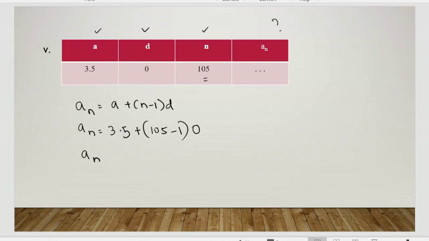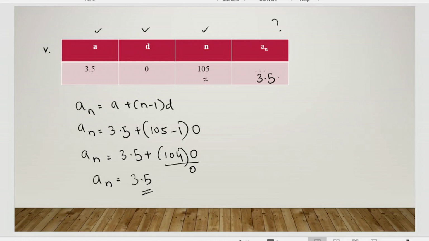So An is 3.5 plus 104 into 0. Any number multiplied with 0 becomes 0, so 3.5 plus 0 is 3.5. This is the nth term of the AP, which is 3.5.